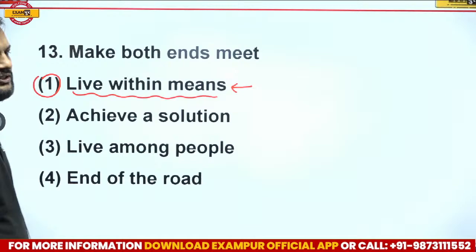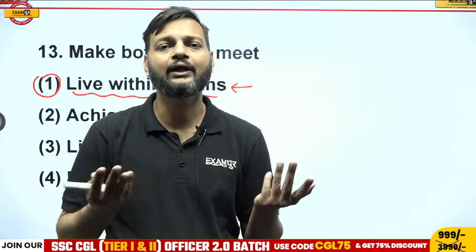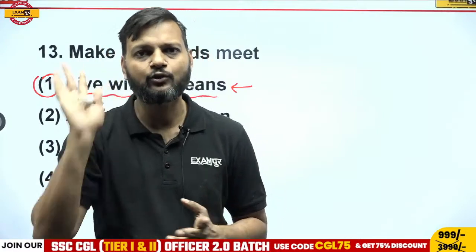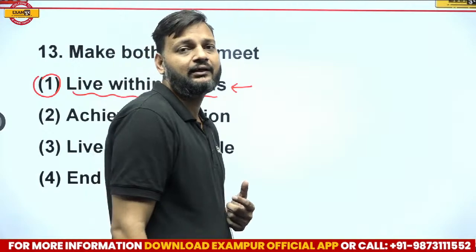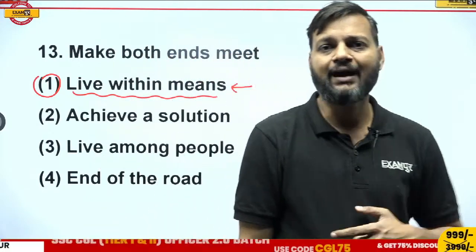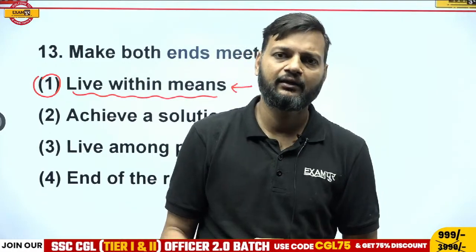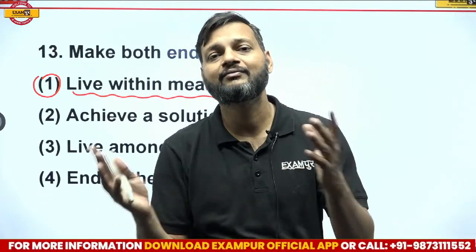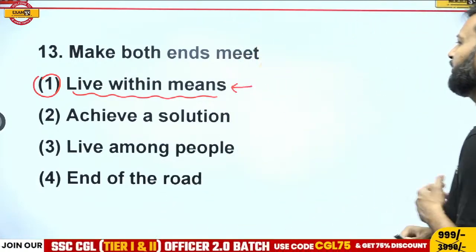If I earn just 10,000 a month, I must learn to make both ends meet in just 10,000 rupees. I should not think of more money for managing things in life. So here the answer is 1. Live within means.